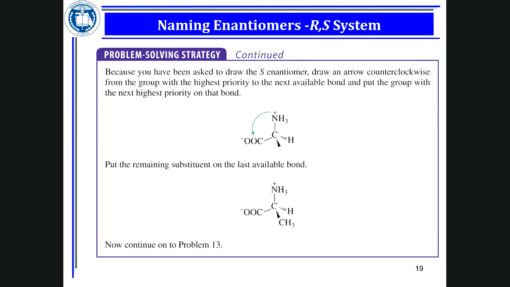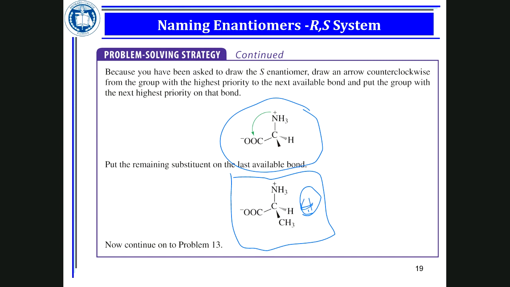So if this molecule is given to you to determine the configuration of, this is the full molecule. To determine the configuration, you have priority 4 for this hydrogen, and this would be priority 1, 2, and 3.